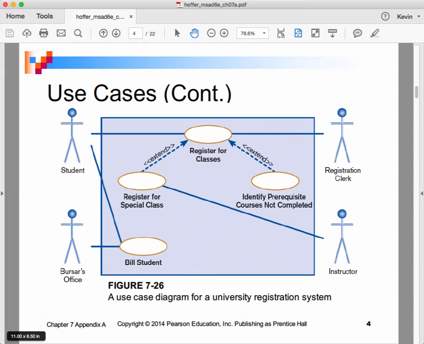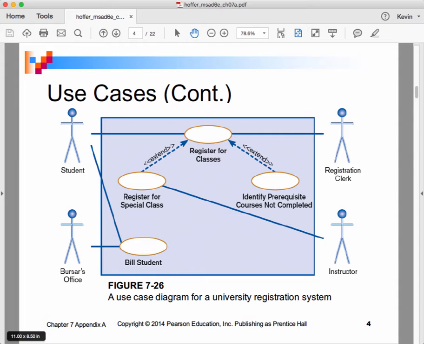If we went and read the narrative, which is going to be in a specification, we're not going to learn that until the next unit of the class. But if we read the narrative in the specification, we would see that it involves the student and the registration clerk. And if you want to know in what order they get involved or what they do in interacting with the system, you can't tell from the diagram. The only thing you can tell from that line on the diagram is that they're involved.